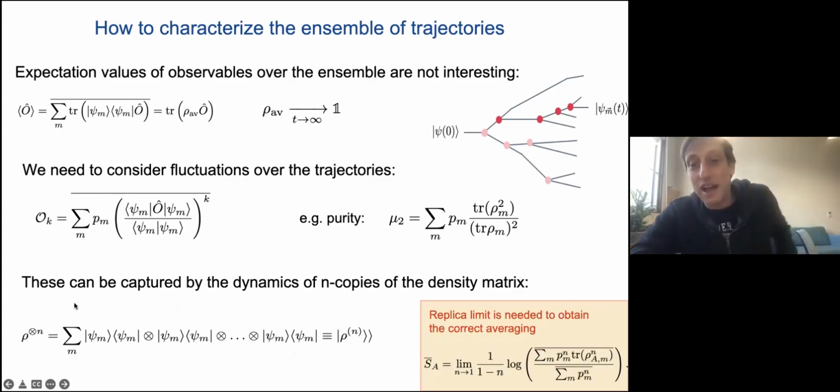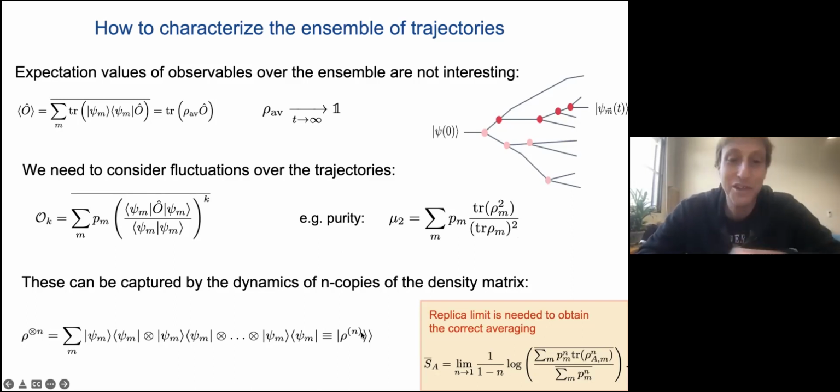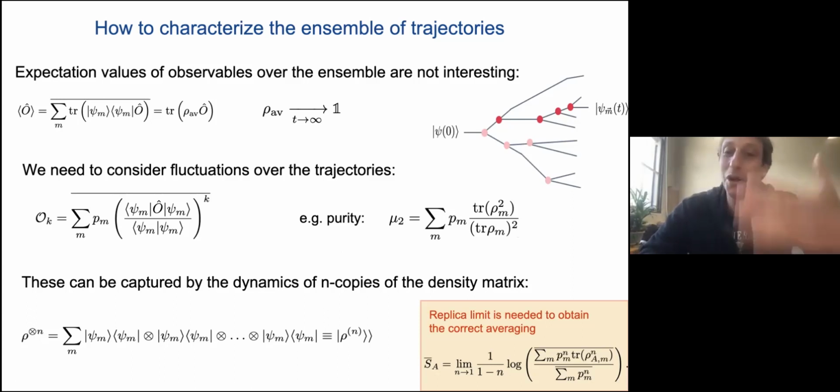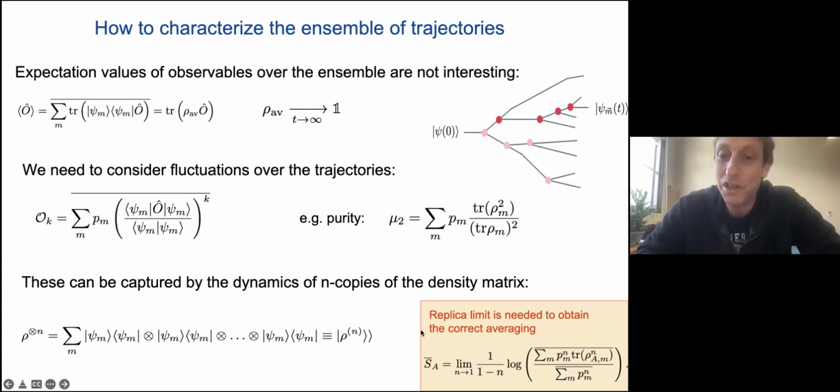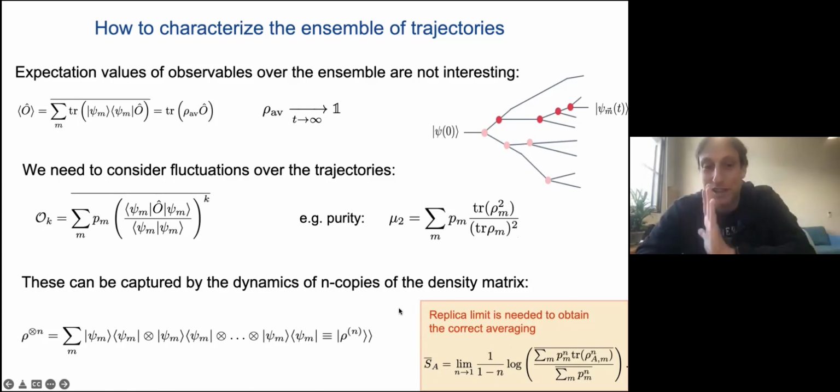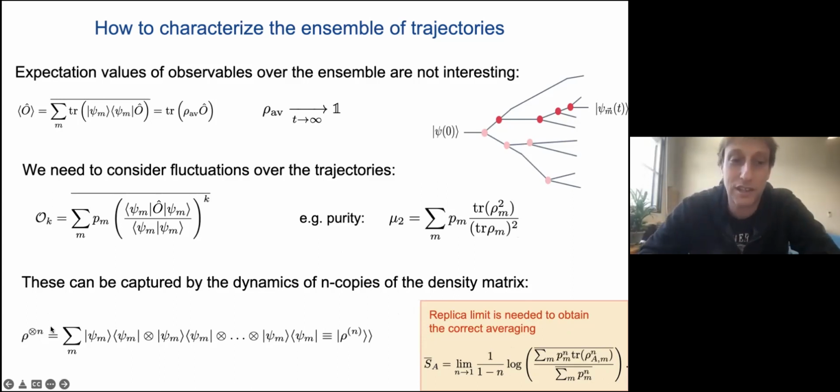And there is a subtlety that if I want to correctly average over these, because of this denominator, one can see that in the end I have to take some replica limit. I can't stay with n copies. In the end, I have to take the limit of just a single copy, but first do all the calculations with n copies. So this is maybe for the experts, and you can ask me about it later, but for now I'm going to put it aside and imagine that I'm doing the calculations for n copies of the density matrix.